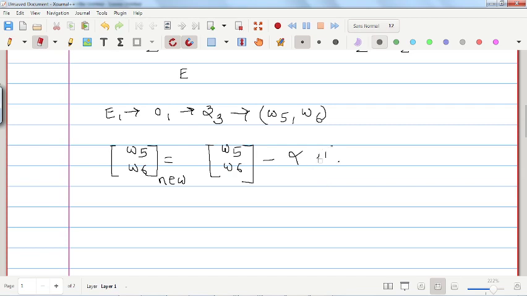As we discussed, we are going to write this in matrix form. Let me consider that formula in matrix form only.